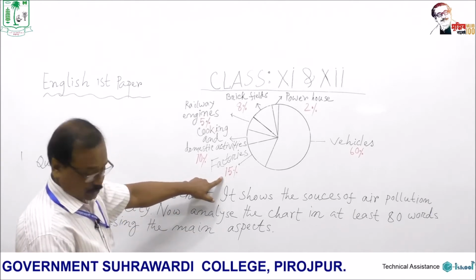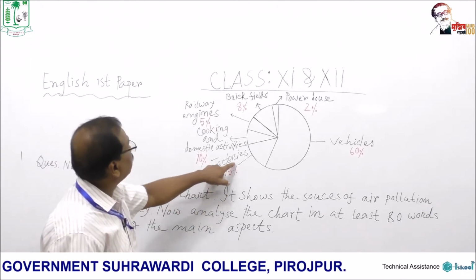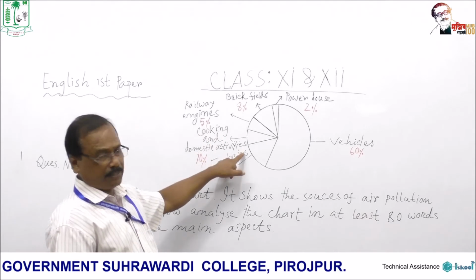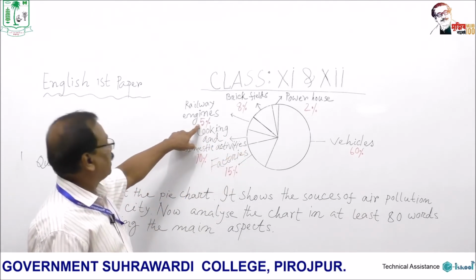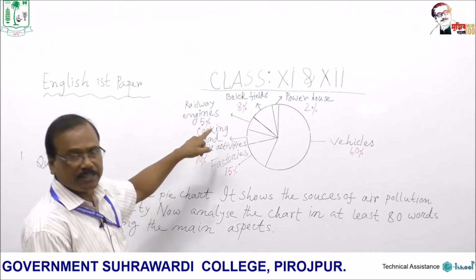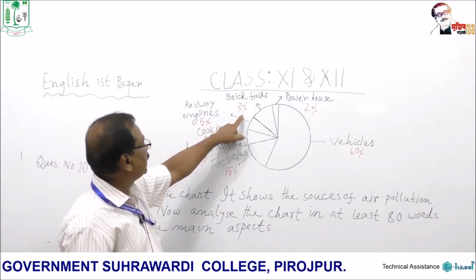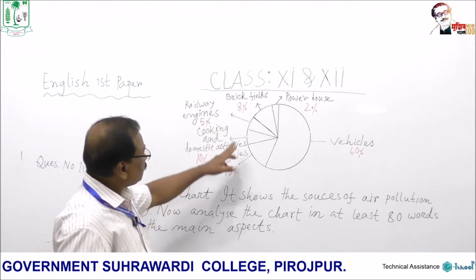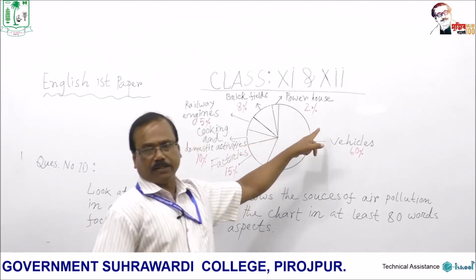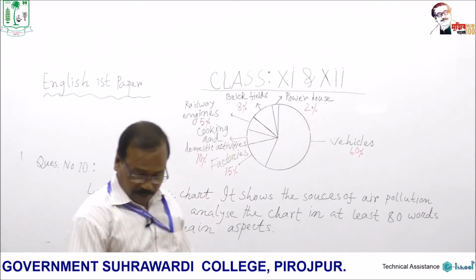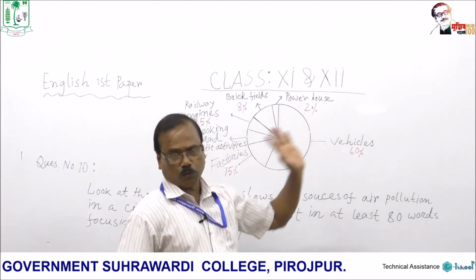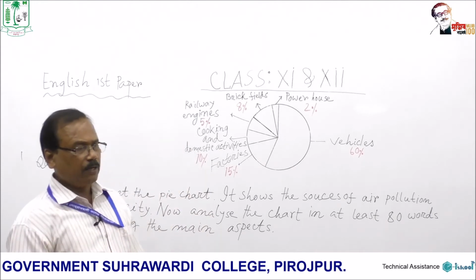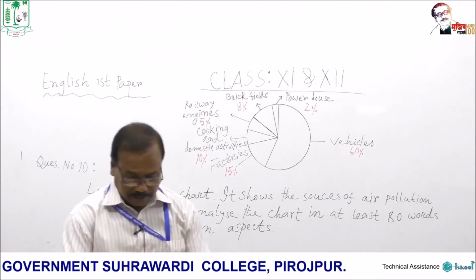Then 15% by factories, 10% by cooking and domestic activities, 5% by railway engines, 8% by brick fields, and finally 2% by powerhouse. So this sentence is very easy. You can write the sentence very easily.